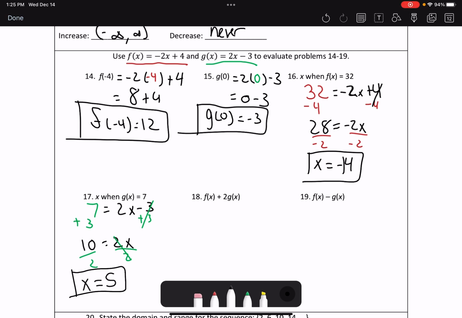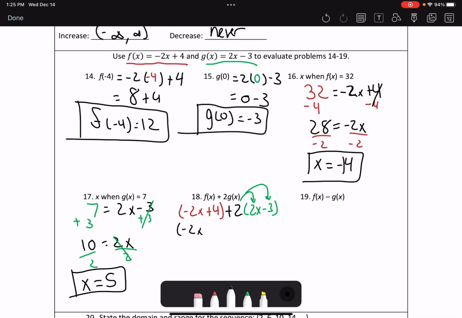18 and 19 are now going to combine these polynomial expressions into one singular polynomial expression. So 18 says f of x plus 2 times g of x. So I know f of x is negative 2x plus 4. We'll want to add to that 2 times g of x, which is 2x minus 3. So my first step is going to be to distribute that 2 to that second polynomial expression.